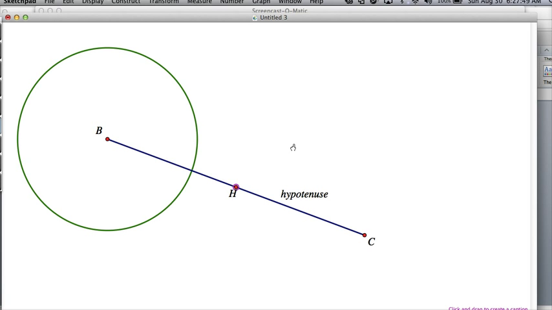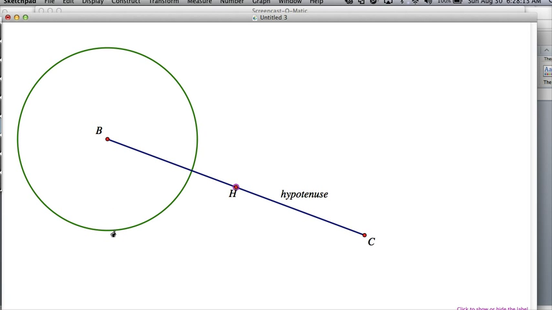Thinking of the fact that this midpoint of the hypotenuse must be equidistant from the vertices, that means that the distance from H to C is the same as the distance from H to B, which is also the same as the distance from H to that point on the circle that I'm looking for.